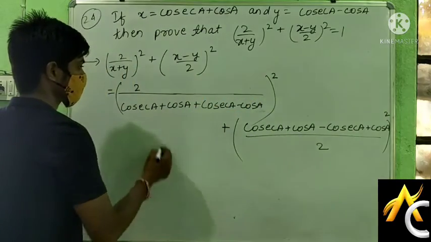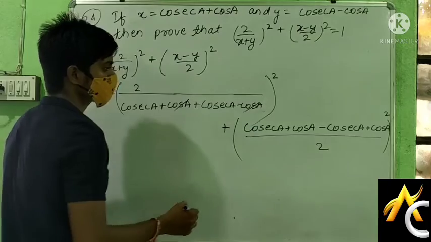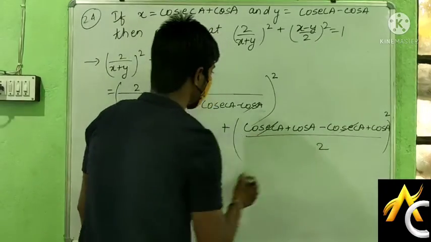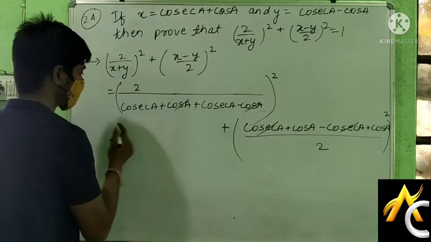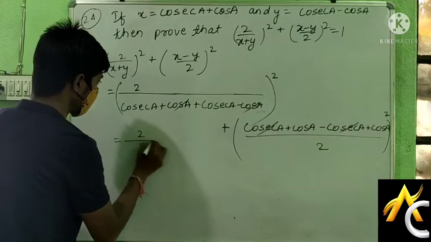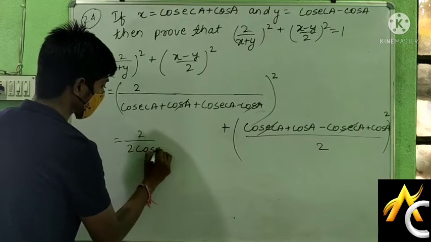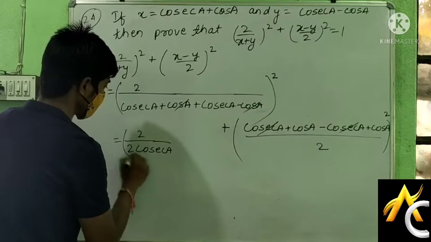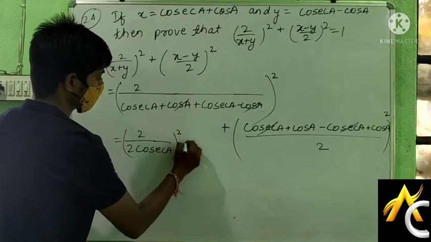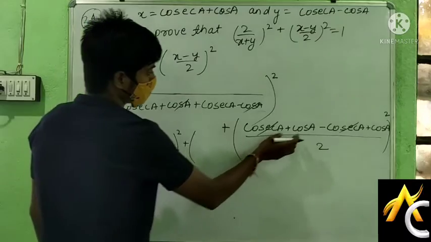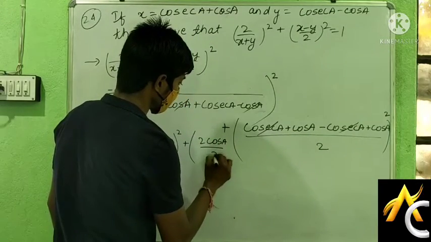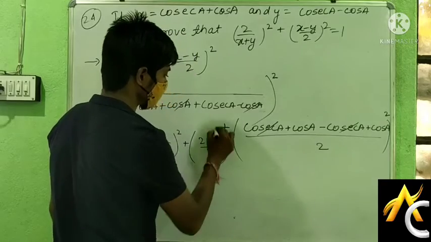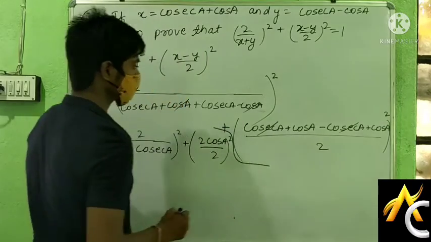Now here cos a cancels, cosec a cancel, so it will be 2 by cosec a plus cosec a becomes 2 cosec a, so it will be equal to 2 by 2 cosec a whole square plus cos a becomes 2 cos a by 2 whole square. Okay.